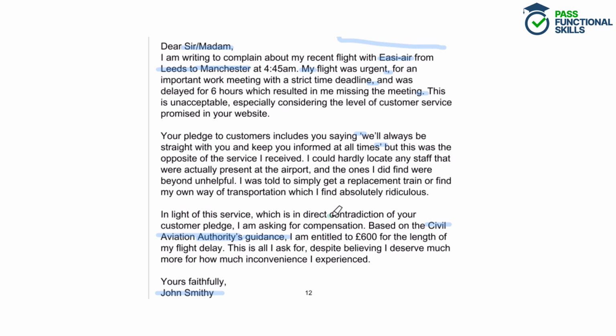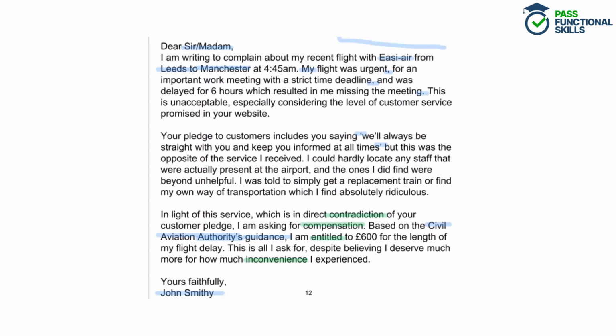So for example, we've got contradiction, that's quite an ambitious word there. Compensation, we've got entitled, and inconvenience. So you don't have to know how to spell all of these words, but trying to use a few more complex words throughout your answer will show the examiner that you really understand how to spell a variety of words.